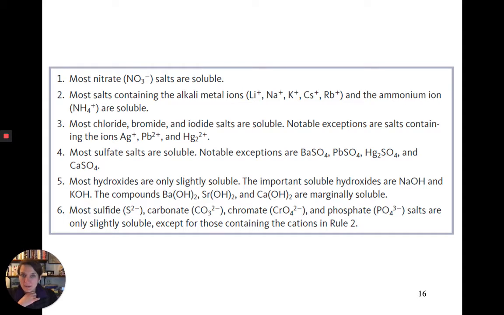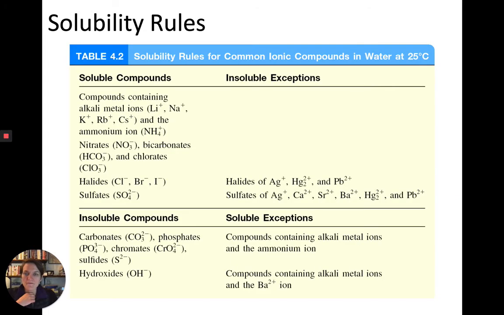They have the same information, and I would just recommend that you read both, and as you're working through recitation packets and other examples that I've given you, see which one resonates the most with you, whichever one is the most intuitive, and use that on your quiz or exam. Okay, so these are the solubility rules.